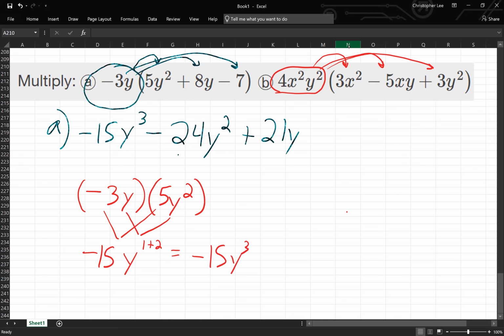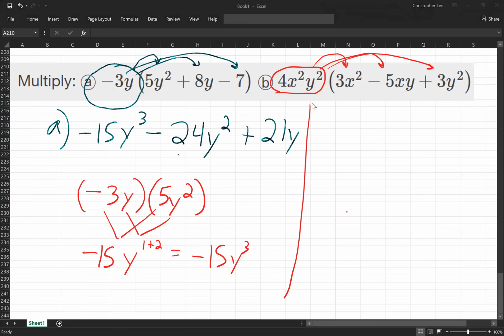So for B, I'm going to do the same thing. Numbers with numbers, variables with variables. So 4 times 3, that's going to give me a 12.